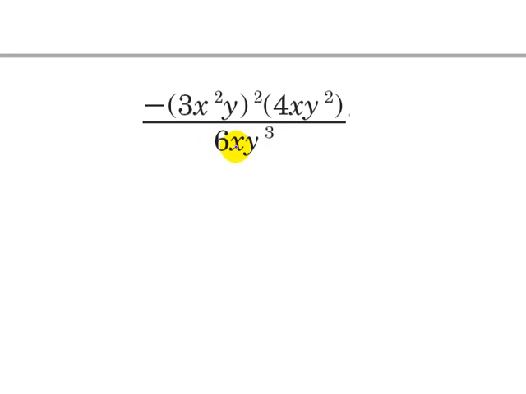If I started simplifying right away, say I said 3 goes in here twice and here once, and let's say I saw that this x cancels with one of these, leaving one up here, and this y and these 2 y's canceled with these 3 y's. See, that 2 would go to 1 and this would go to 2.